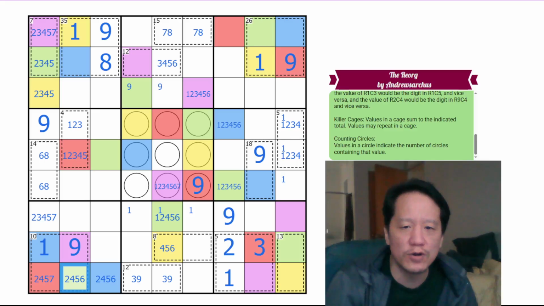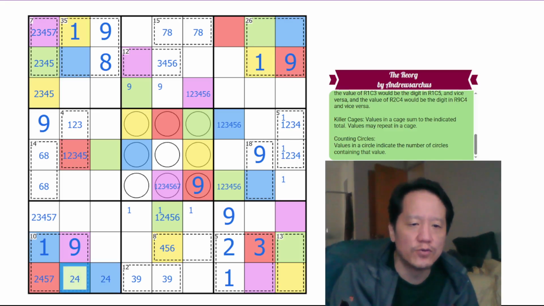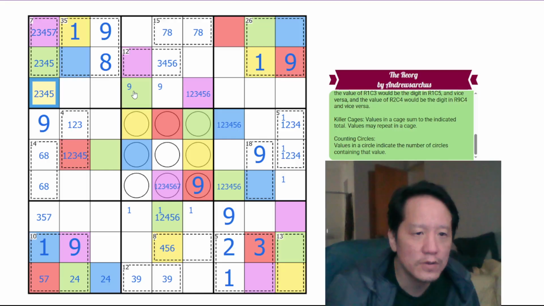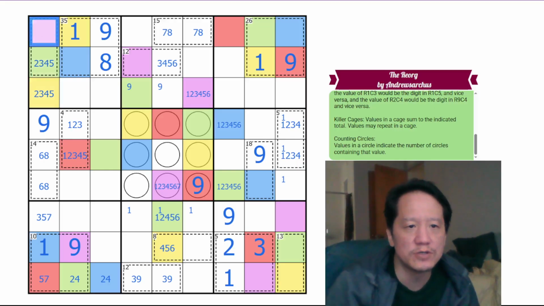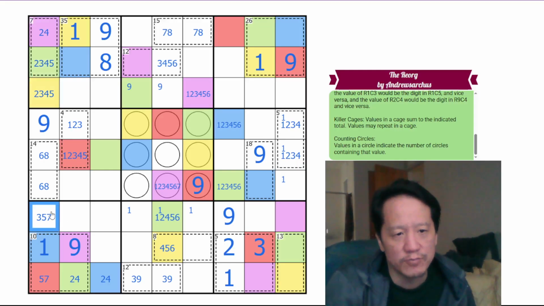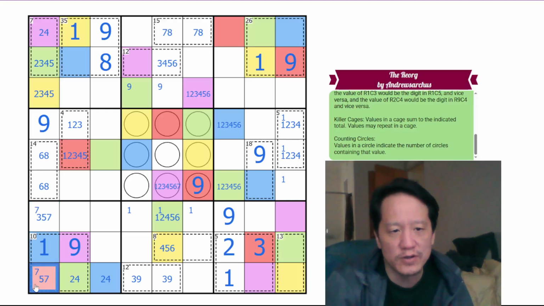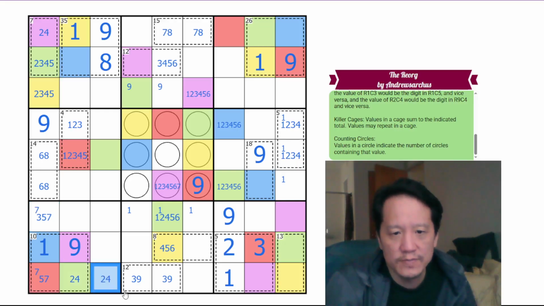We have 2, 4 as a pair here, which eliminates 2 and 4 in the rest of the box and row. So one of these values is 2 or 4. That means it cannot be both because 2, 5 add up to 7 and 3, 4 add up to 7. So one of these is 2, 4, which does mean that 7 has to be one of these two. Okay, so that's given.